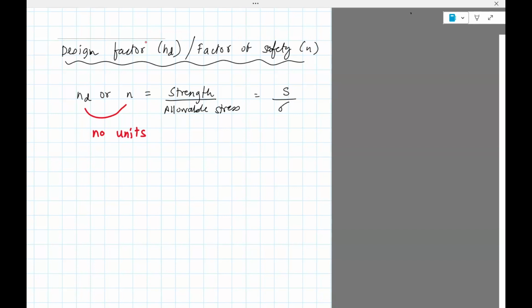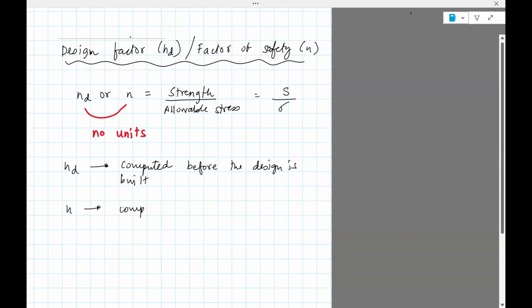Now, if they're the same formula, are they the same value for a product? Turns out no, there's a difference. ND is something which you calculate, it's computed before the design is built. And N, the factor of safety, is computed after it is built.